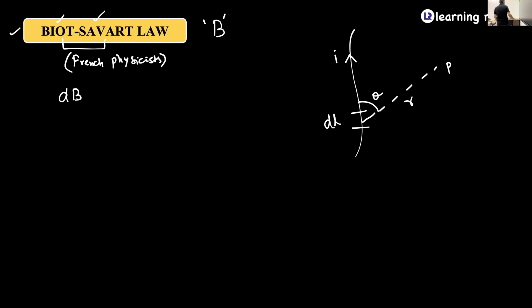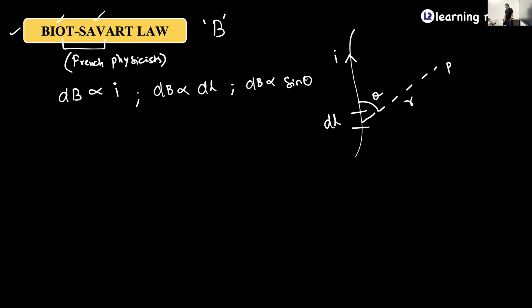So this dB is observed to be, that is the intensity of magnetic field due to this current carrying element at point P is observed to be directly proportional to the amount of current that is flowing through this conductor. Okay, it is observed to be directly proportional to the length of this current carrying element. It is directly proportional to the sine of the angle between the current carrying conductor and the distance.